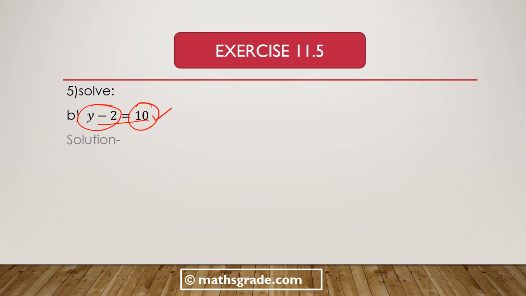So we have to add 2 on the left hand side, and as we add 2 on the left hand side, we have to add 2 on the right hand side also to balance the equation. So we add 2 on both sides of the equation.